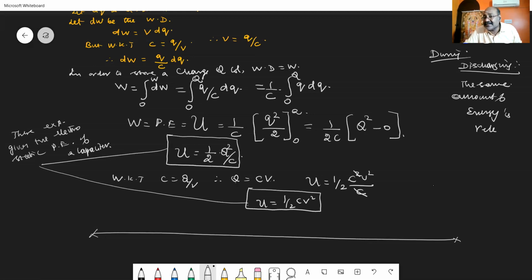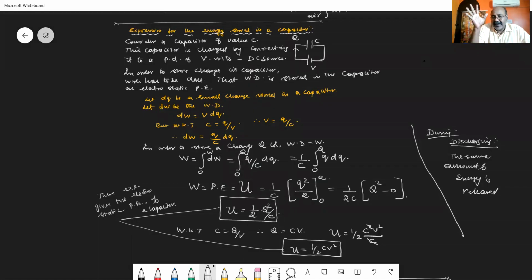When the charge is stored in the capacitor, potential energy is also stored. When the charges are released, the stored energy is also released from the capacitor.